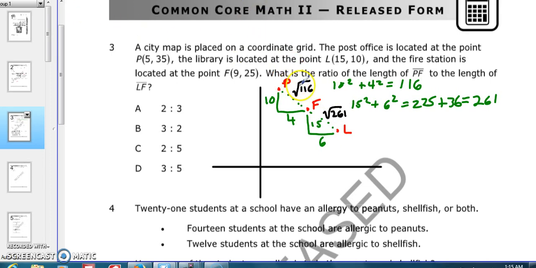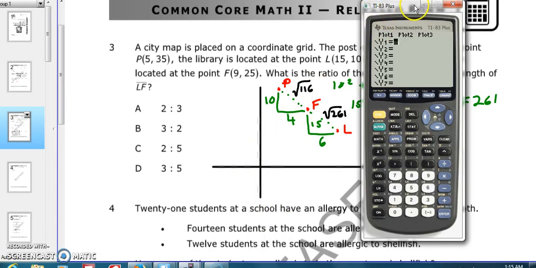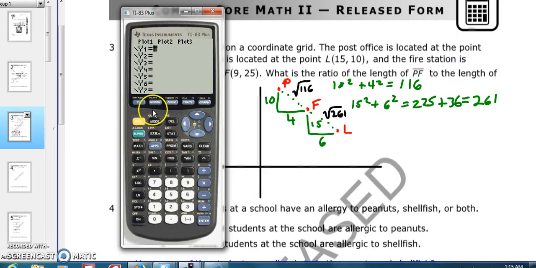Now, in order to figure out the ratio of one to the other, because this doesn't really help much, we're going to need to simplify these radicals. These are big numbers, 116 and 261. We want to figure out what they have in common. So I'll take my calculator and go to the equation screen, and I'll do 116 divided by x, and then I'll go to the table.